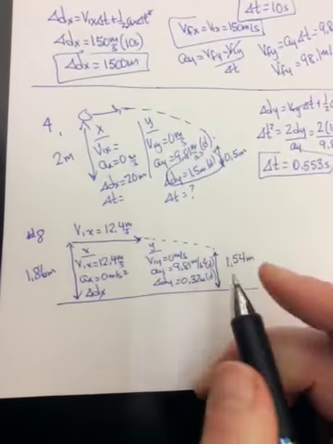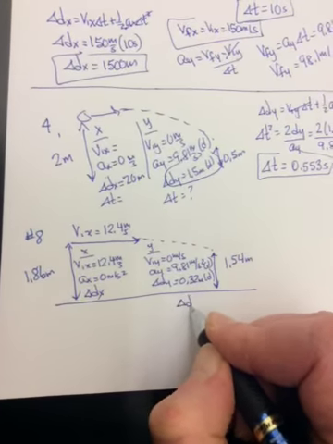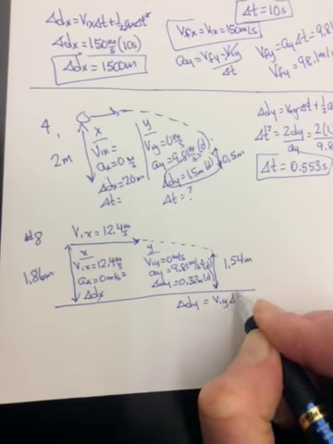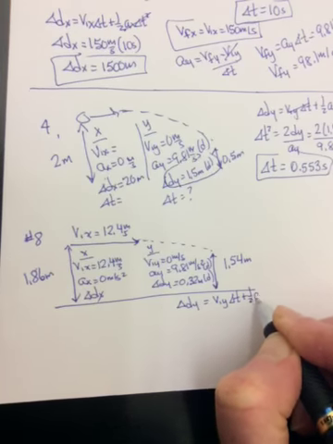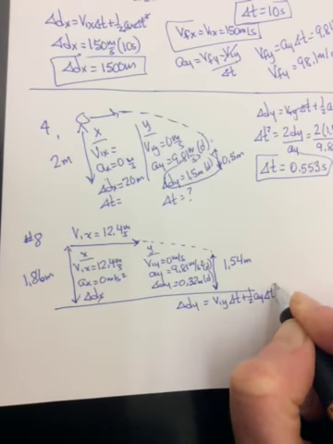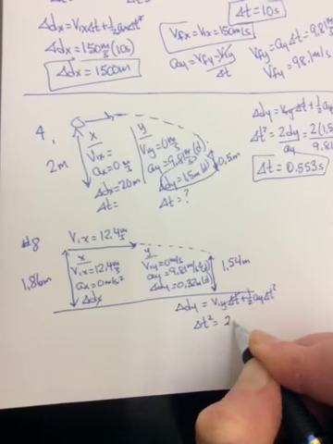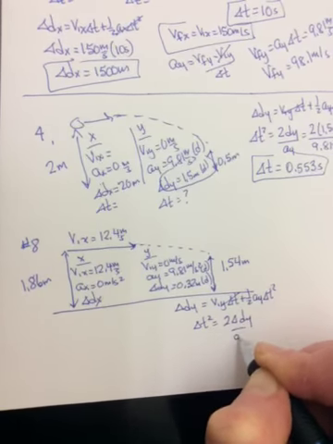So you're going to start, like we have a number of times, with the y. Delta dy is equal to VIy delta t plus 1/2 ay delta t squared. This goes to 0. t squared is equal to 2 delta dy over a.